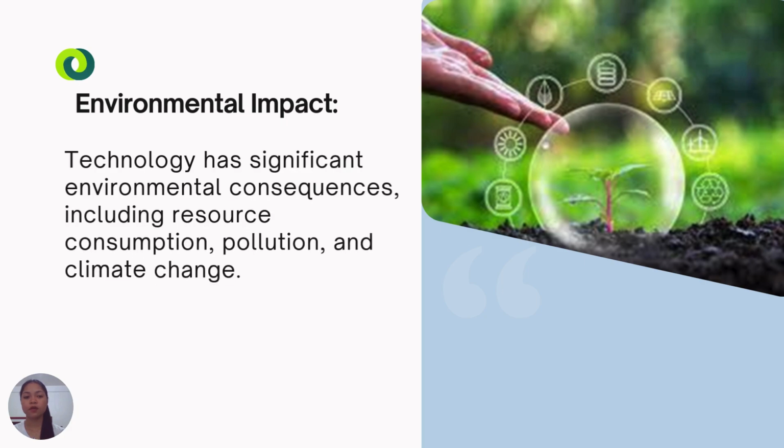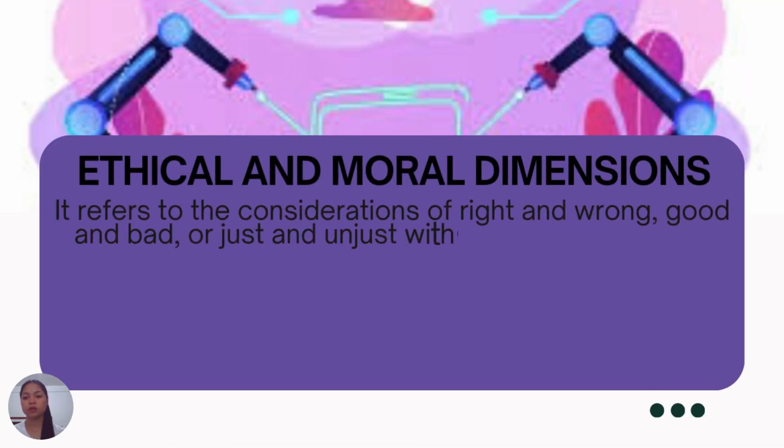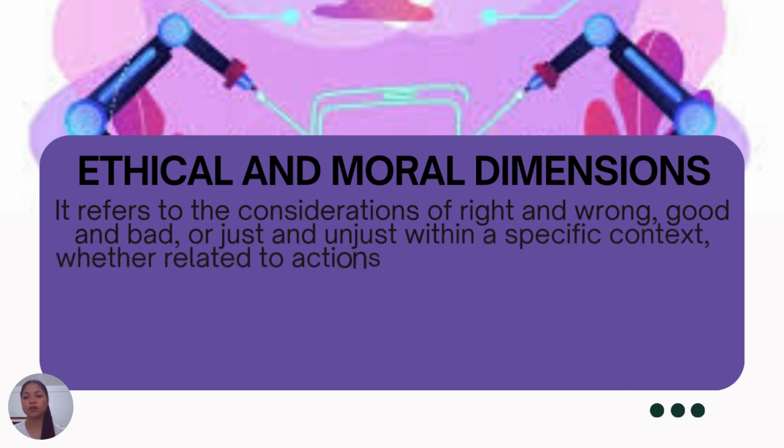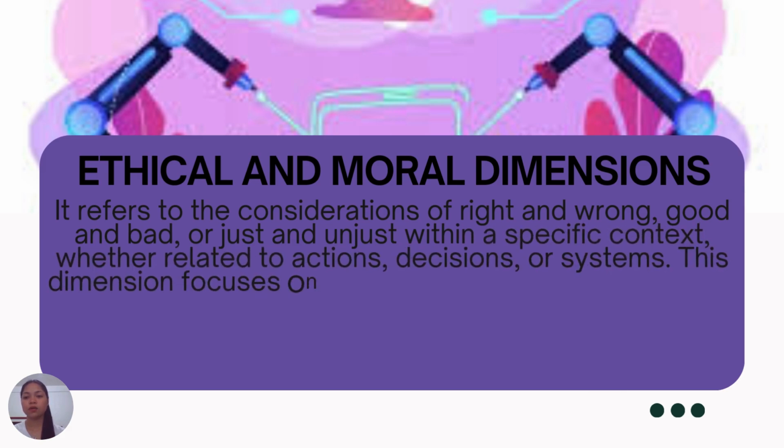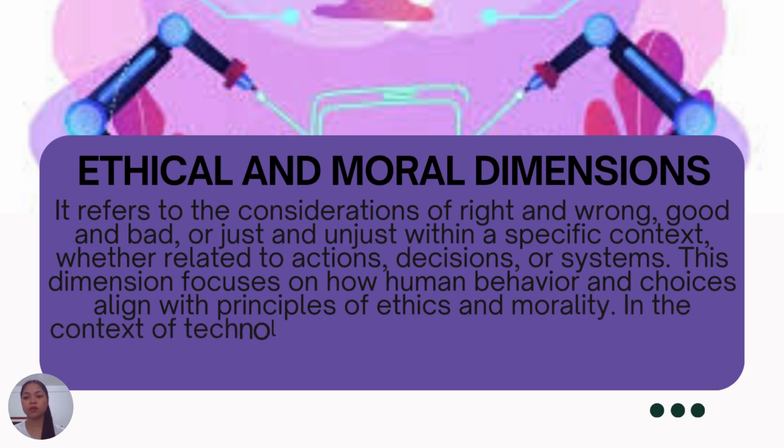Next is environmental impact. Technology has a significant impact on our environment because of resource consumption, pollution, and also climate change. Next is the ethical and moral dimensions. It speaks about right or wrong based on how these dimensions guide us, which is the ethics and morality we use.